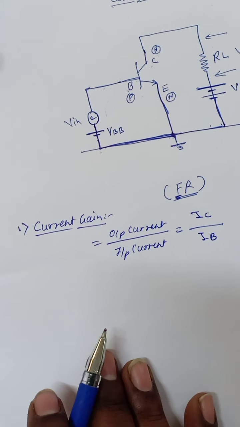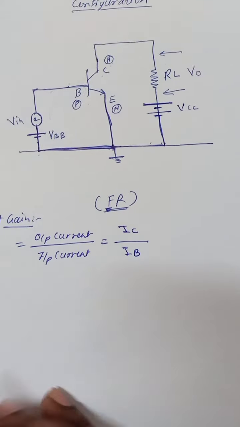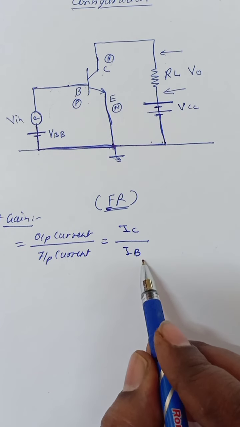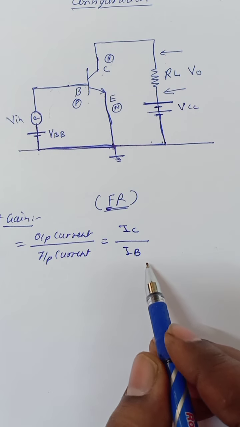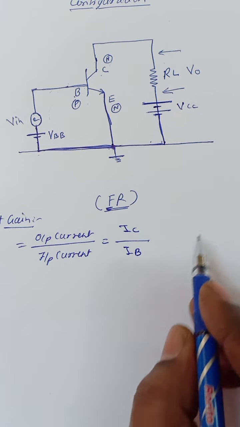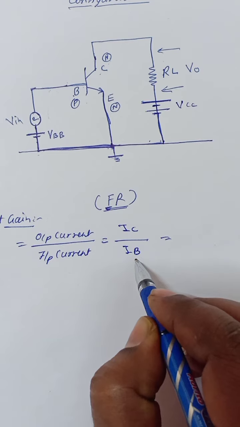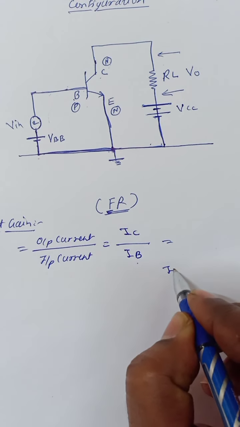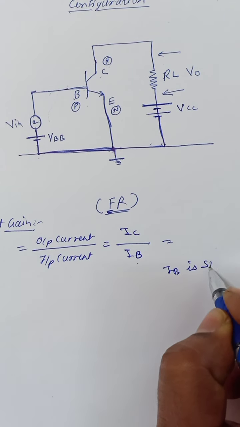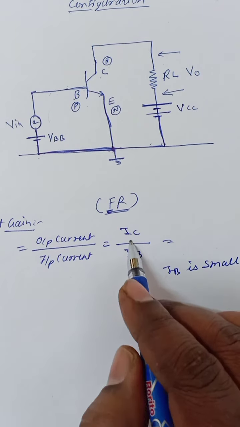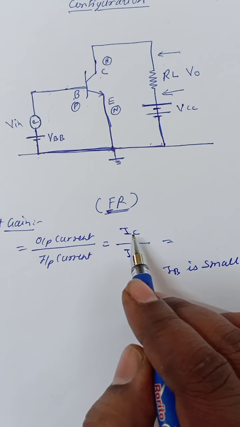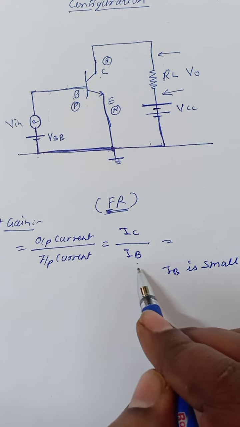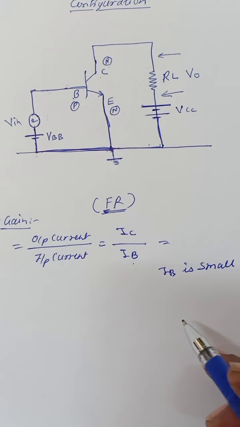So this IC by IB, this IB is very small, so the denominator is small, because IC and IE are very large and IC is approximately equal to IE, therefore IB is small.